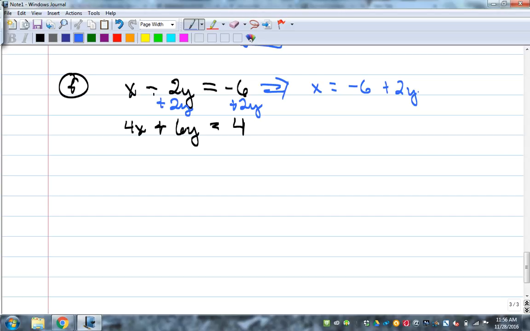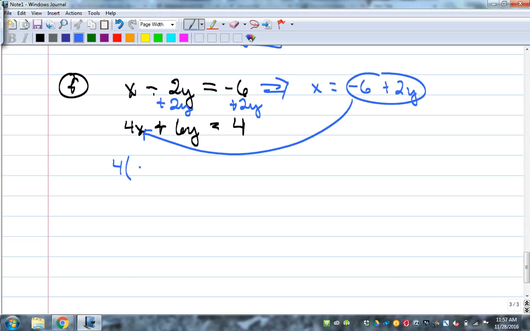You can't put them together, though. That's right. Good job, Autumn. That is true. Okay. Now we have something that x equals. So we can take this and replace x in the other problem, just like what we've been doing.